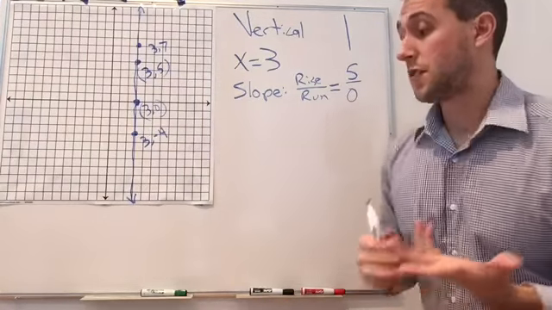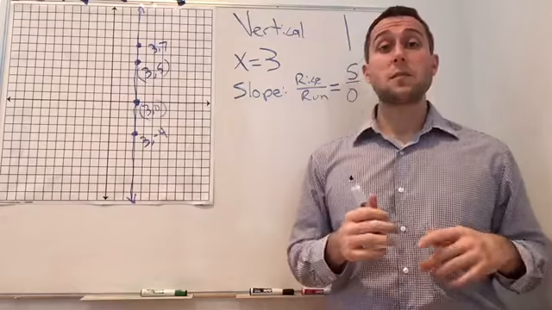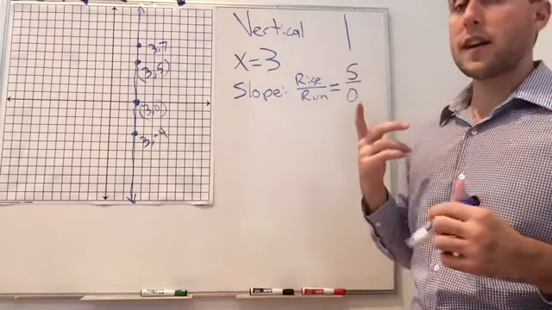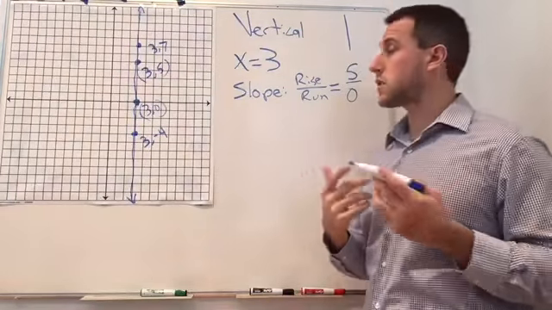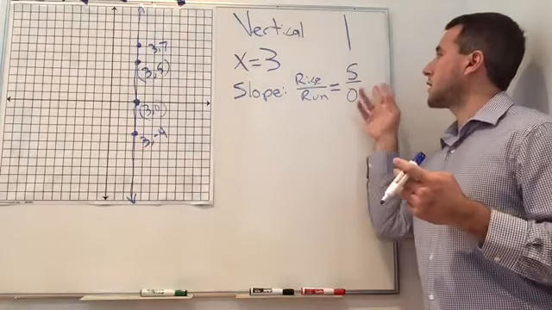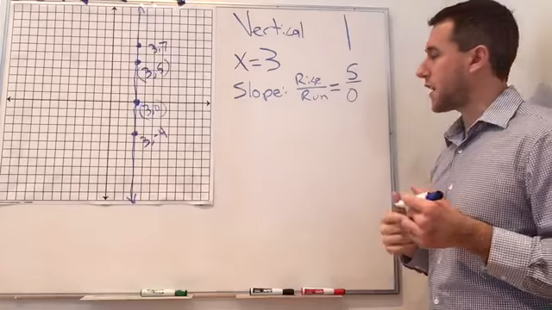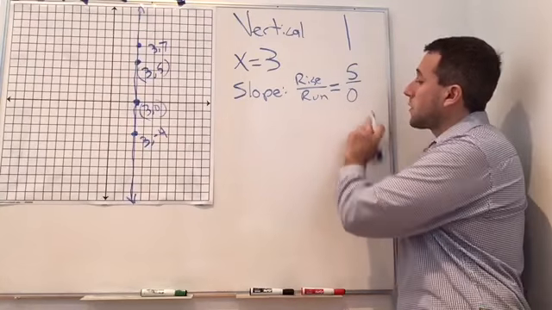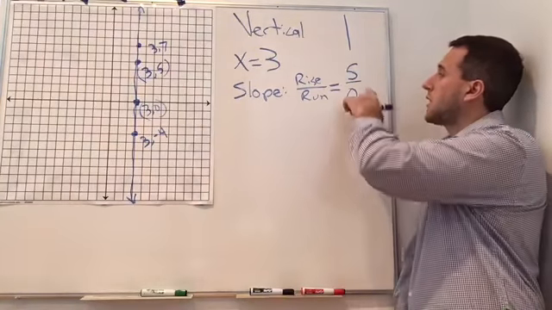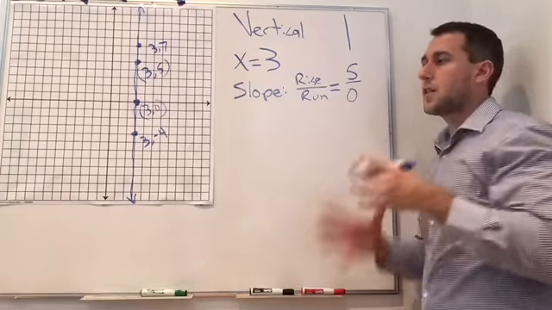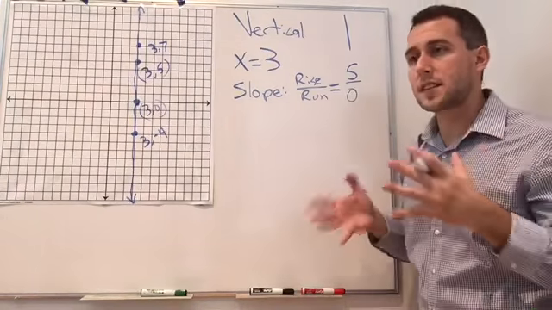Now, if you remember this from a math lesson you might have been taught before, or you can go ahead and put it into your calculator if you have one close by, the calculator will spit back a weird answer. It'll say error, it'll say undefined. So what we really mean is, if you've heard this in math before, you can never divide by 0. You can't take something and then divide it into 0 pieces.